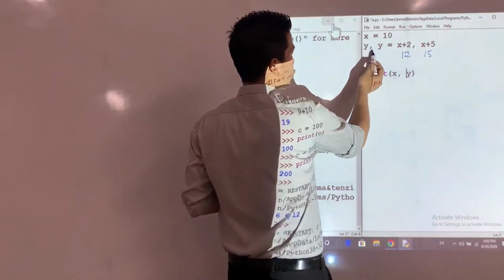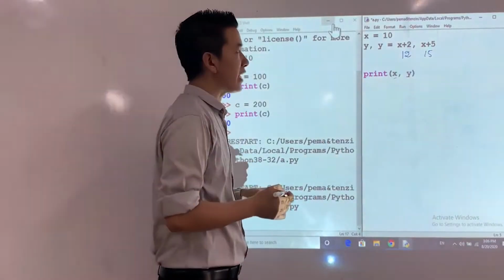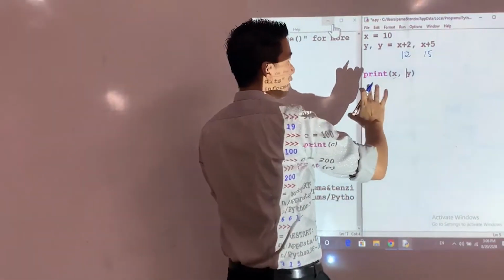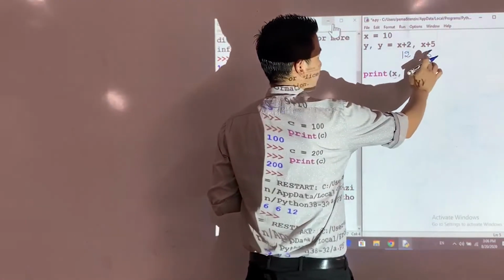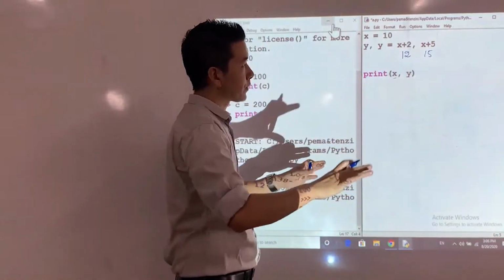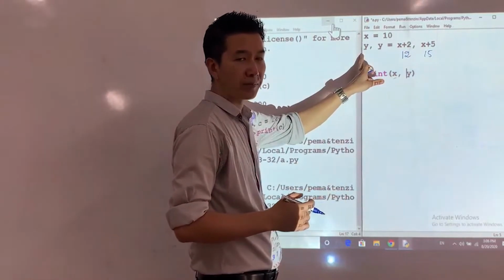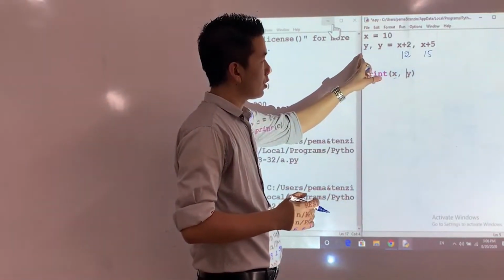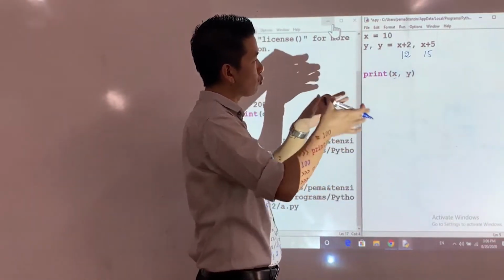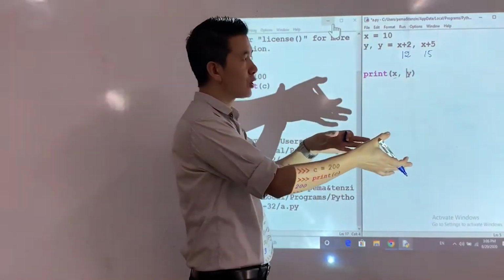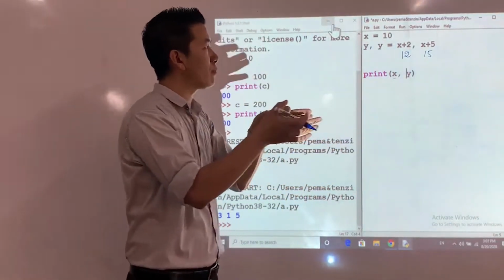I'm using two variables with the same name. So the first step will be 12 and 15 will be evaluated. The next step will be 12 will be assigned to y. Okay, so once 12 has been assigned to y, the next operation will be 15 will now become the new value of y.